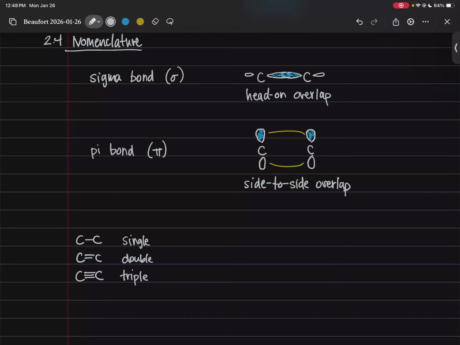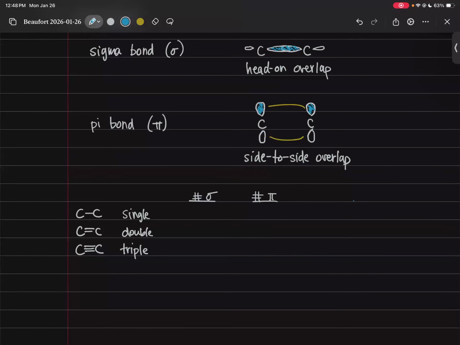Okay, so, being careful with my handwriting here, number of sigma and number of pi bonds in a single, double, or triple bond. So the rule here is that the first bond is always a sigma bond.